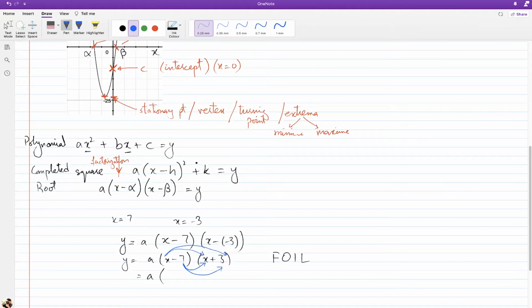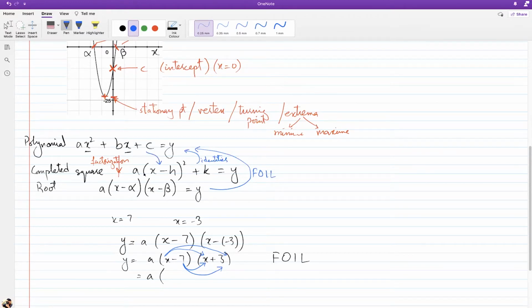Similarly, to go from completed square form to polynomial form, all we have to do is again expansion, and for that we use identities. So here we have to use the identity which has a square minus 2ab plus b square, and here we have to use FOIL, and that way we will be able to convert. All right.